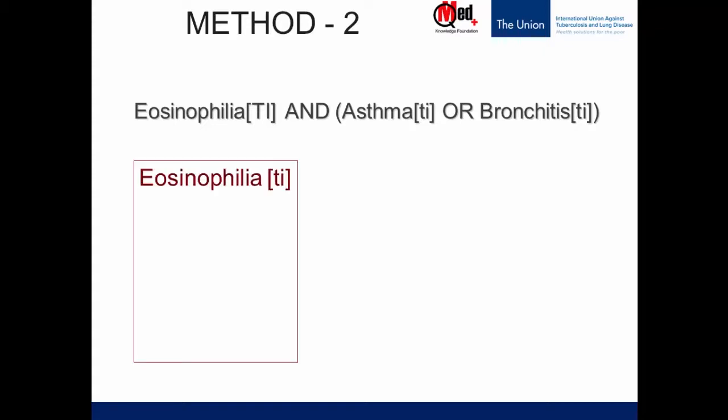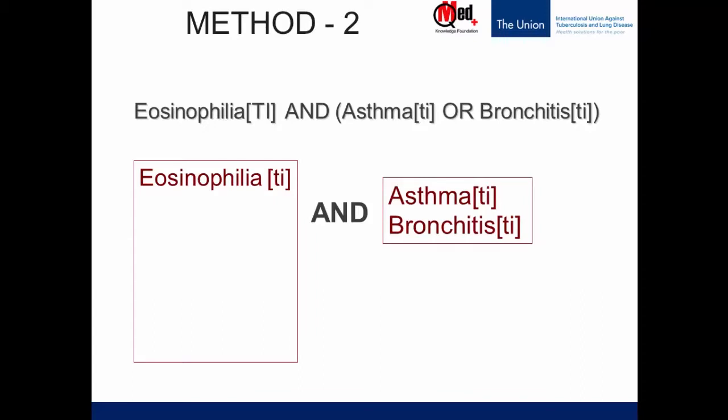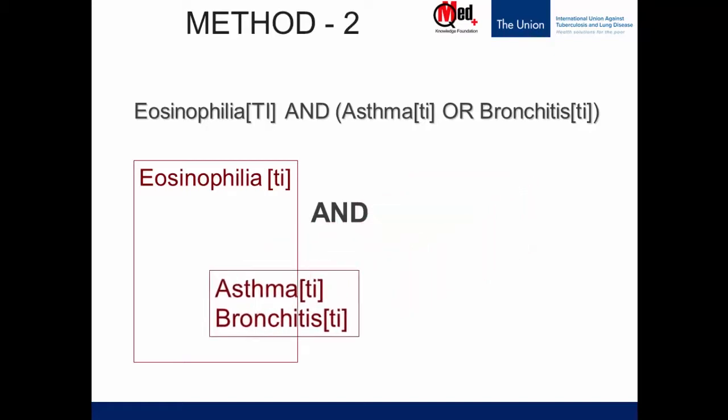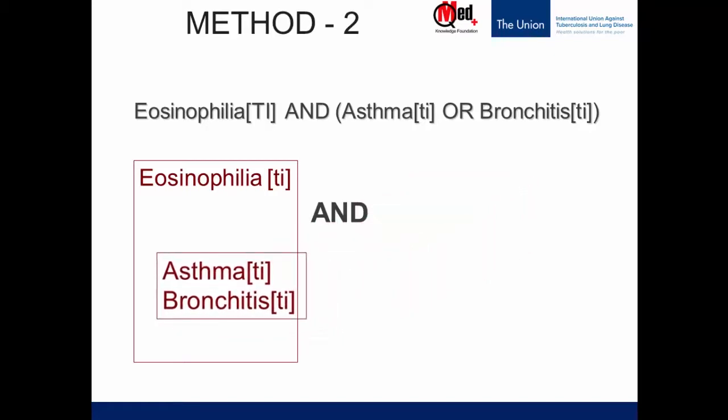It first makes a set where there's eosinophilia in the title. Then makes a second set where there's either asthma or bronchitis in the title. When we combine it with and, it knows that the asthma or bronchitis has to be applied to the eosinophilia set.